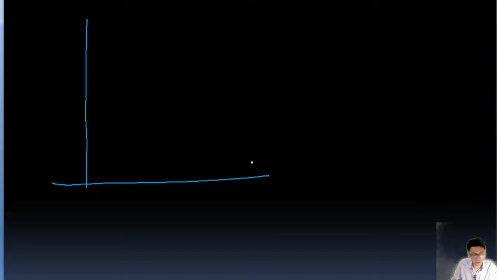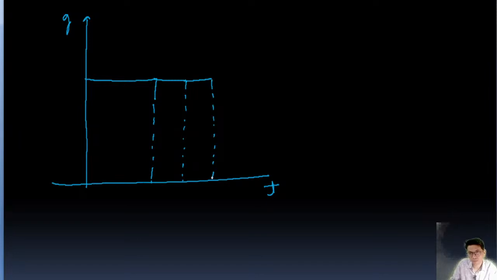Similarly, there is one more graph. This is time, and this is Q, charge. This is 0.63 Q naught.